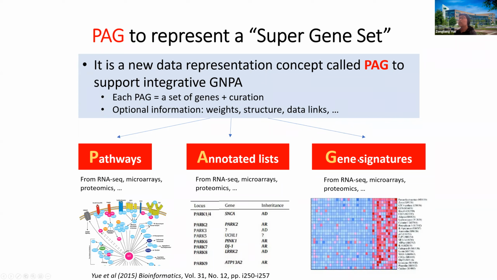The gene signature is relatively lower quality, a computationally inferred result, such as using a cutoff of p-values to generate the list of genes. Therefore, we can generate the G-type here.